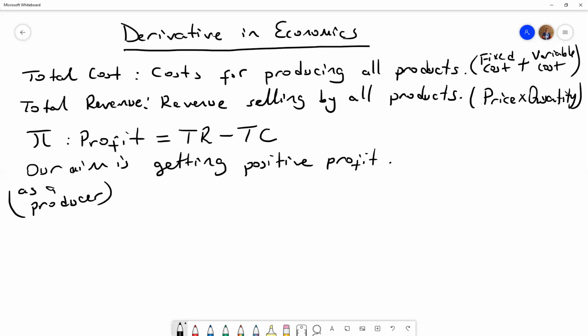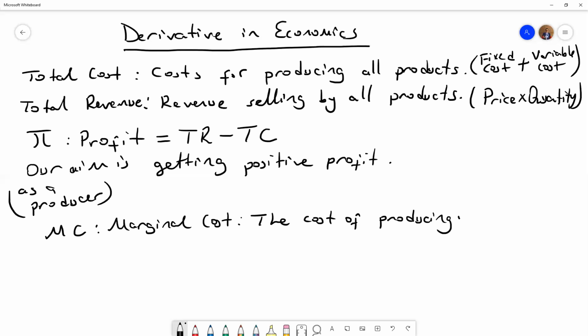Now, derivative part, MC is marginal cost. That is the cost of producing one more product.